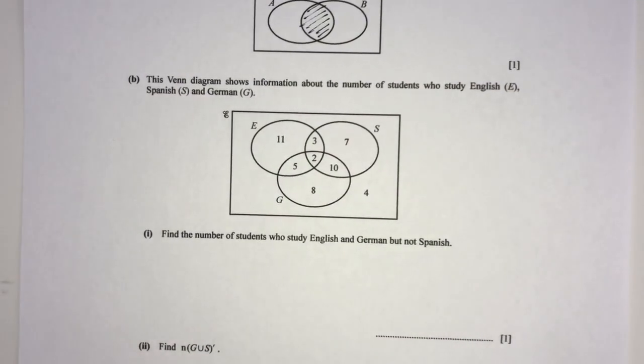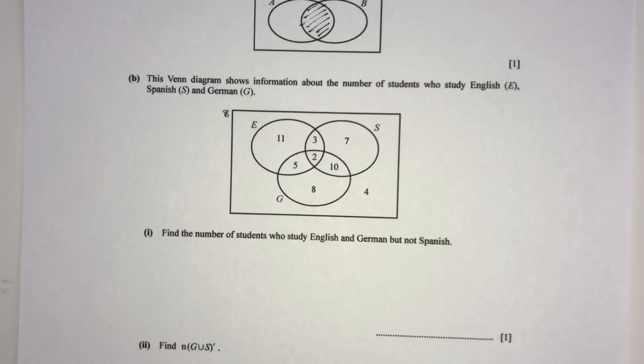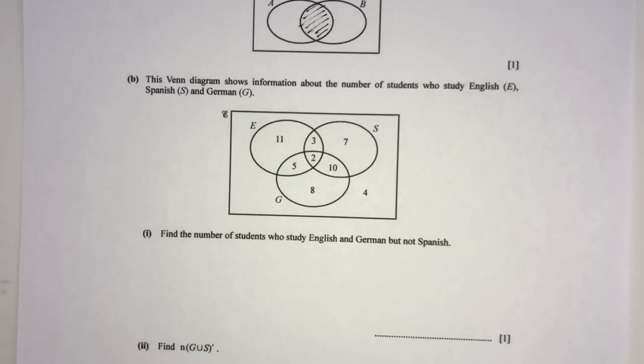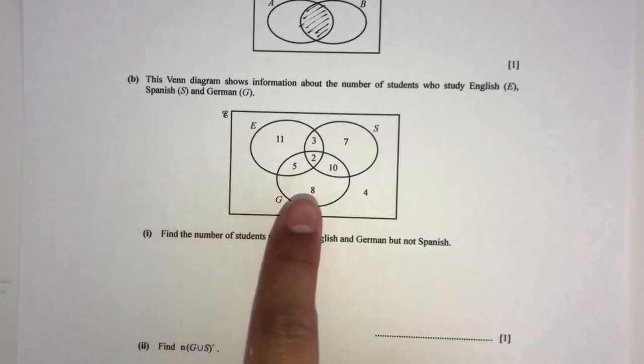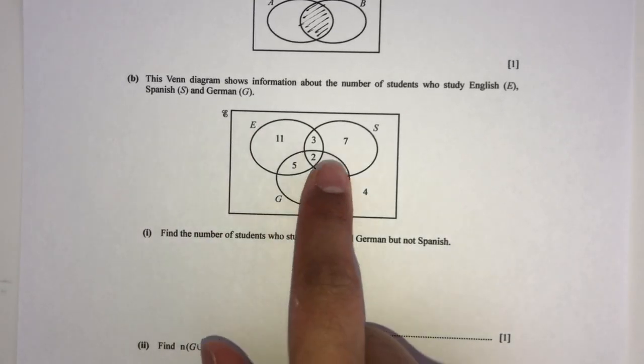Now for part B, this Venn diagram shows information about the number of students who study English and Spanish and German. Okay, cool. Part 1. We have to find the number of students who study English and German but not Spanish. So English and German but not Spanish.